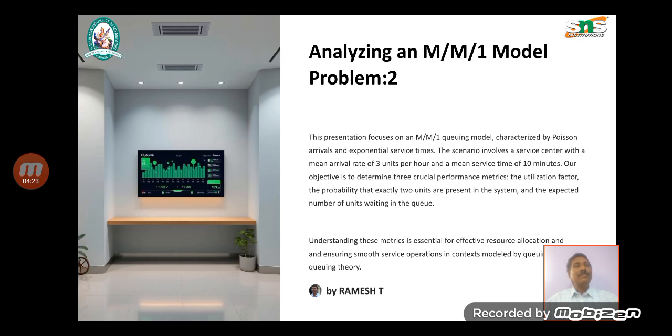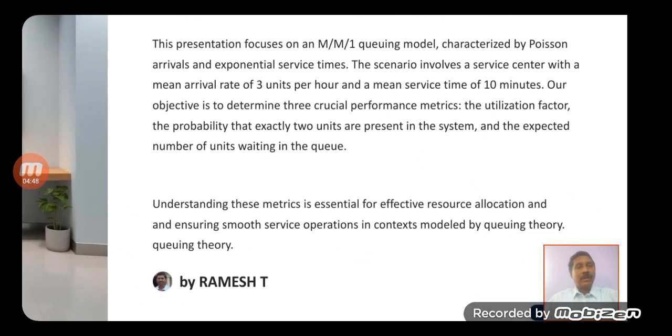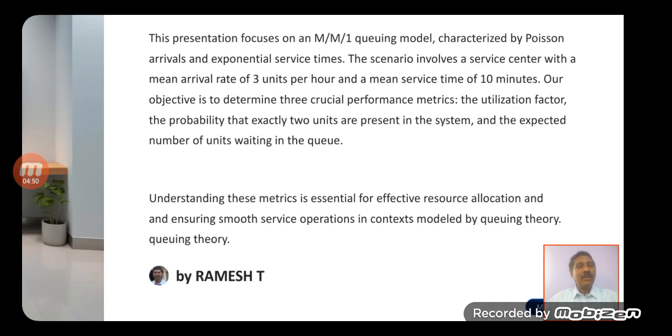Our objective is to determine 3 crucial performance metrics: the utilization factor, the probability that exactly 2 units are present in the system, and the expected number of units waiting in the queue. Understanding these metrics is essential for effective resource allocation and ensuring smooth service operations in models of queuing theory.